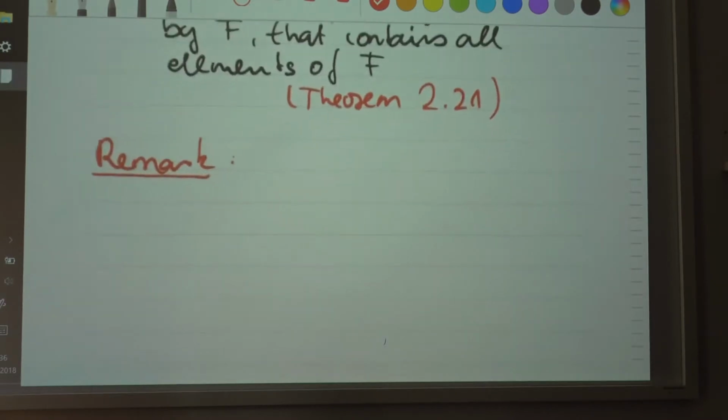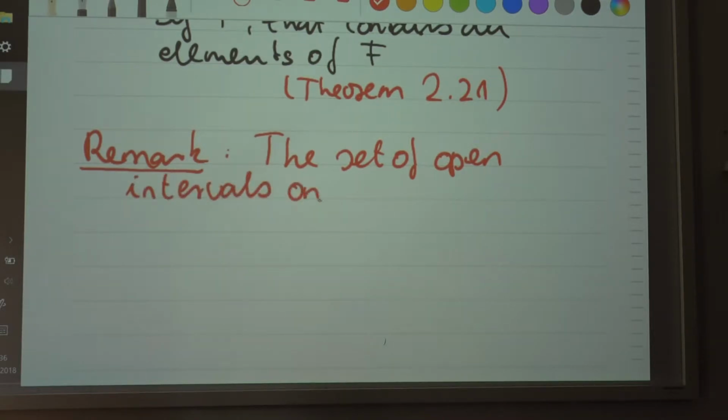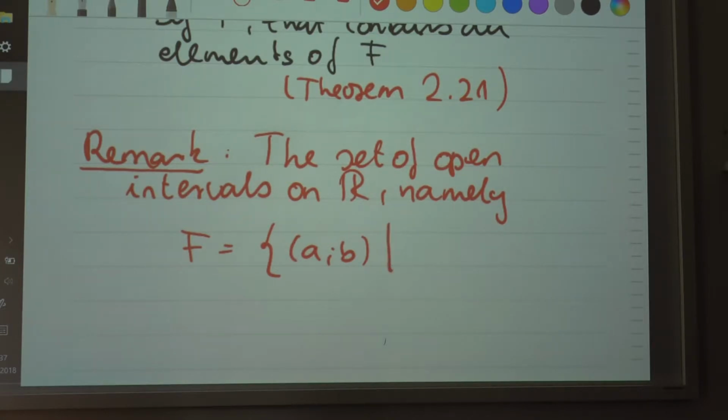So the set of open intervals on R, and I call this also capital F. So that is the set of all open intervals, where a and b are real numbers.